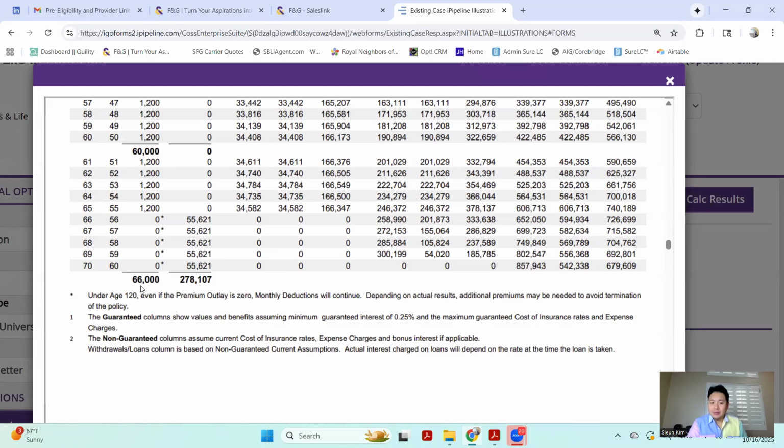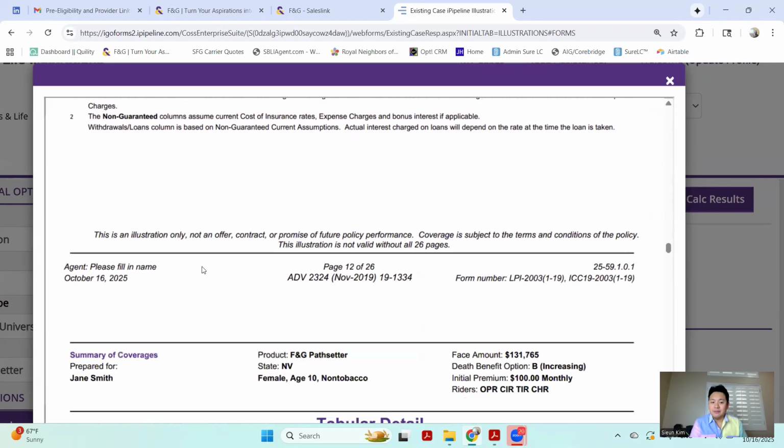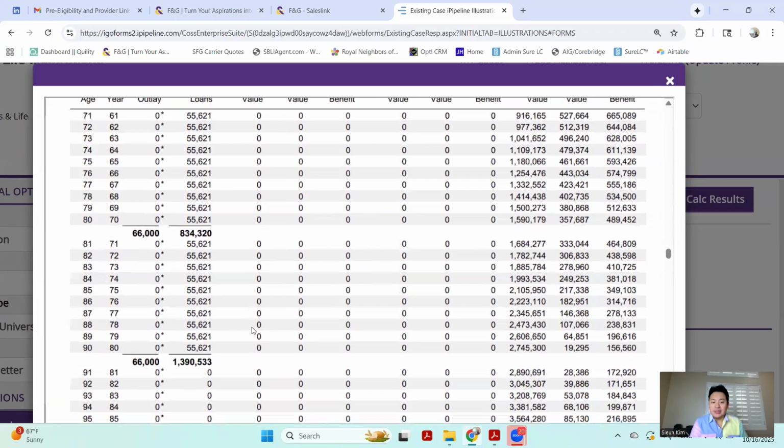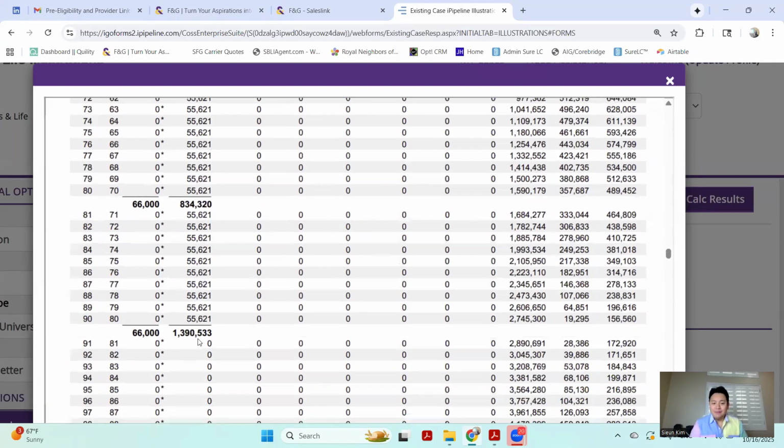That's it. And how much a year is this person taking out in income a year tax-free? $55,621. So if this person lives up to age 90, the mom and herself put in only $66,000, and this child would retire and receive an income of up to $1.39 million tax-free.